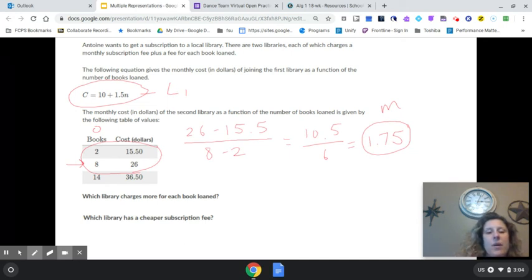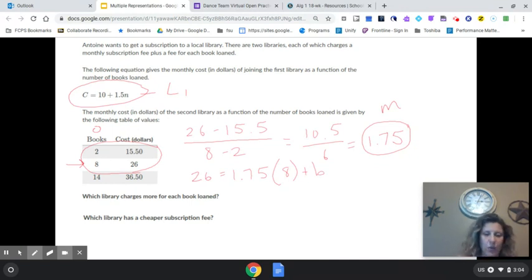So y, 26, is equal to the slope, m, times the x value of 8, and I do not know the y-intercept. I don't know the b. Let's go ahead and solve that for b.